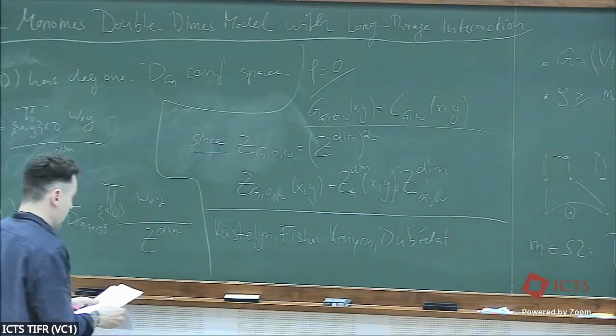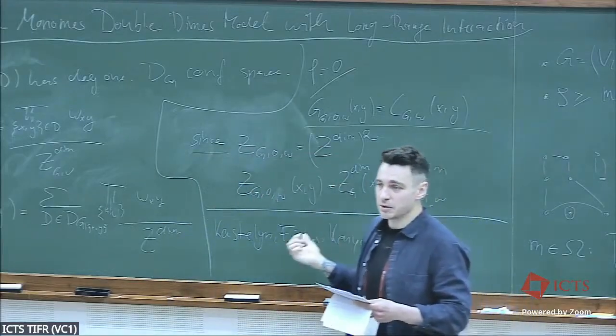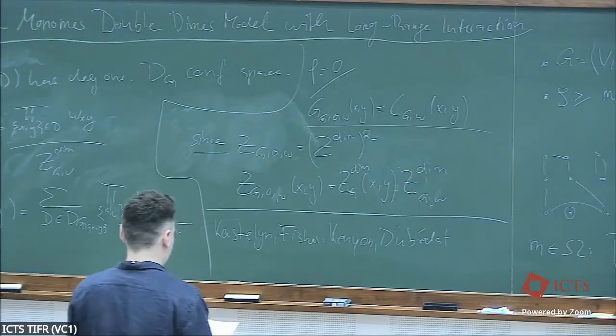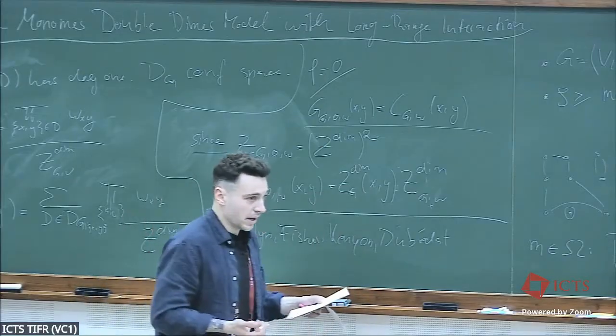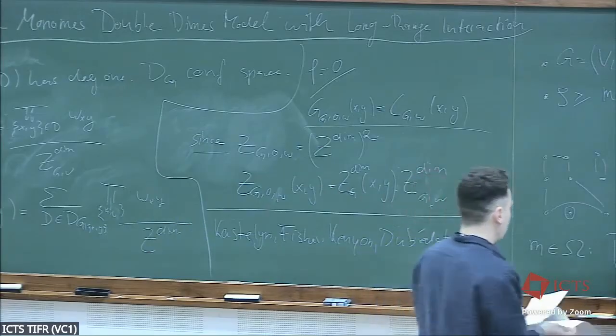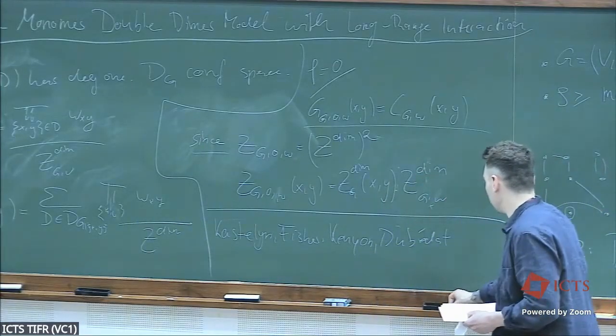So this is a bit the opposite of what we do. In this case, the 2-point function decays polynomially. And what I want to talk about is what happens if we are non-planar. So we take Z^d, for example, d greater than or equal to 3, and then this 2-point function will not decay.